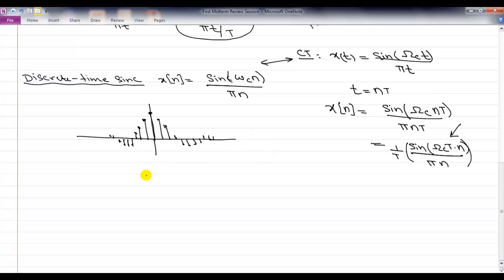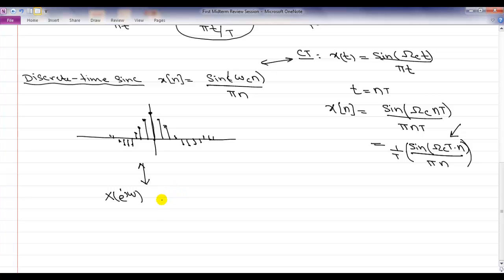And if you take the Fourier transform of this, the discrete time Fourier transform, you get X of e to the j omega. The continuous time sinc has a Fourier transform which looks like a low pass filter. Well, the discrete time sinc also has a Fourier transform which looks like a low pass filter, but in discrete time, of course.